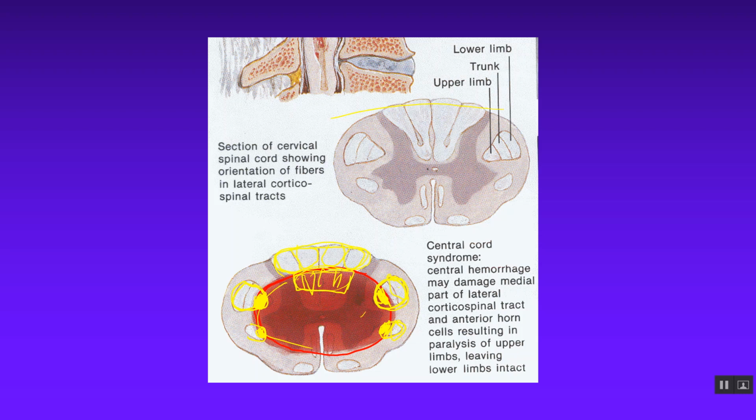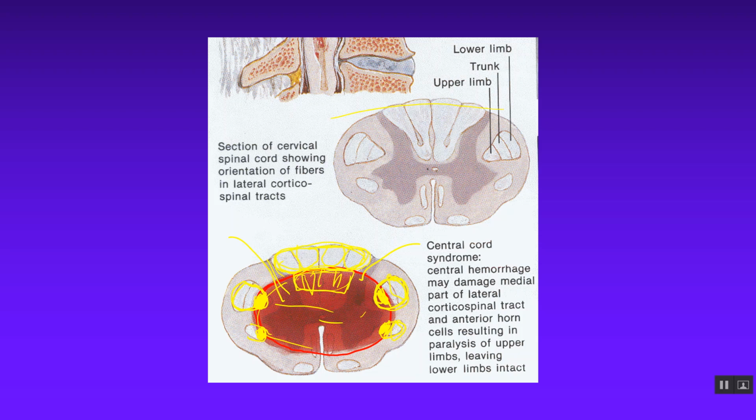But also right at the segment, we're going to have loss of bilateral pain and temperature because of the segmental fibers trying to come in and cross to the other side. So if this is C5 and 6, we'll have that total loss of pain and temperature at C5, 6. But even below that, if it's a big enough lesion, you're impacting the rest of the upper body's pain and temperature. But proprioception will be mostly okay. They'll still be able to feel where their arms are in space for the most part. They might have a few numb areas on their arms. Okay? So that's a central cord lesion.